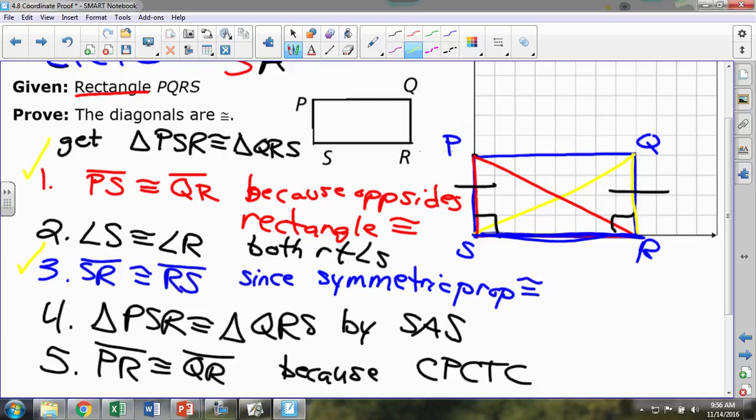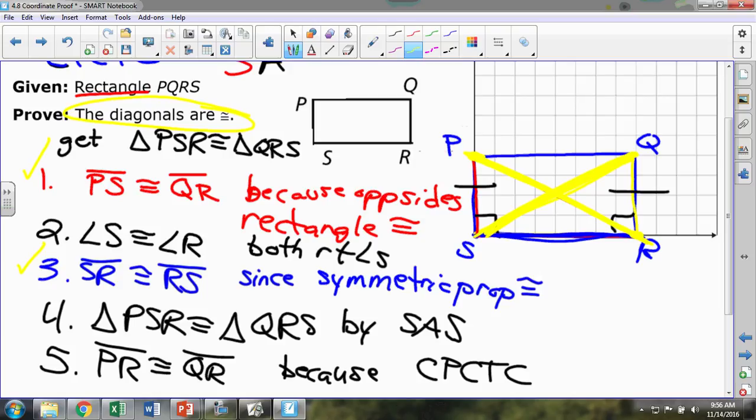If we didn't know that this was a rectangle, one thing that we could have done is use the coordinates of the points, and we could have applied the distance formula. We could have instantly gone to show distance formula, get a number, distance formula, get a number, and then because they are the same length, that would have told us that they are congruent.